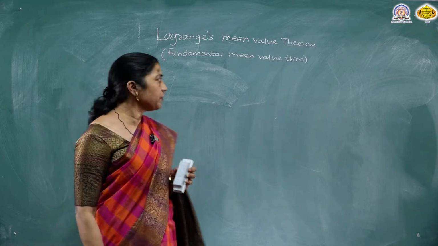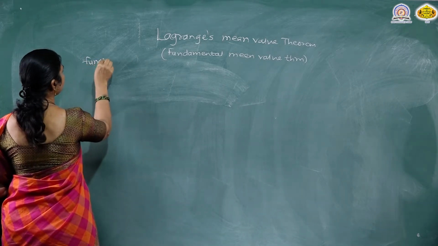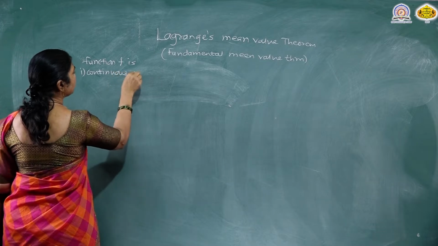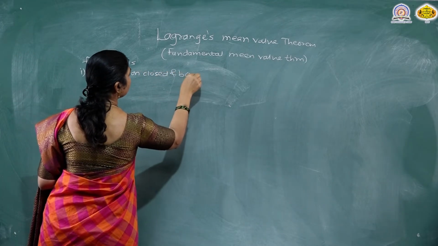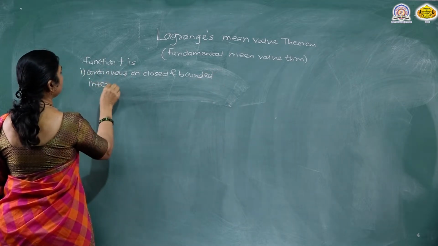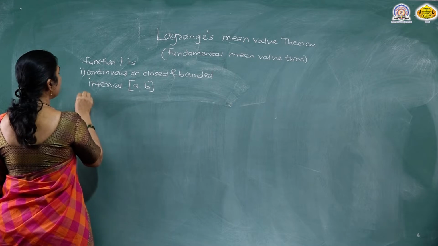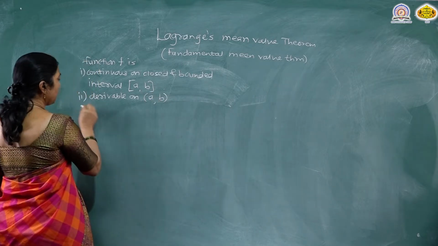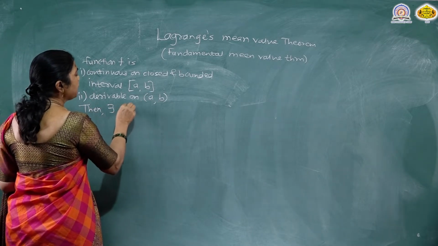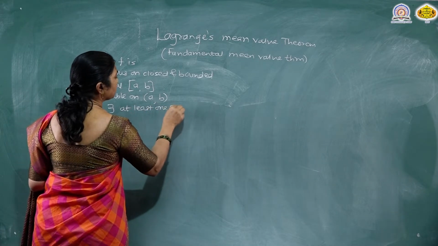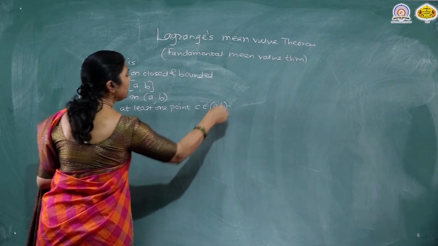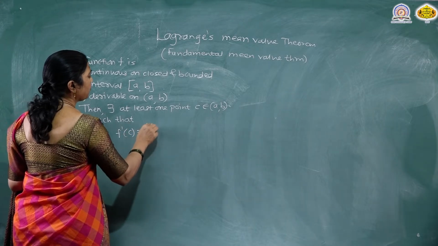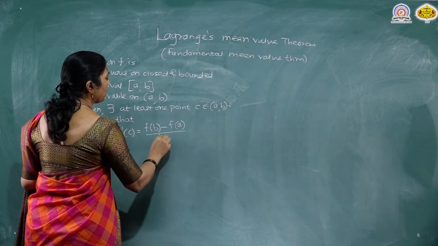The theorem states that if a function f is continuous on closed interval [a, b], it is derivable on open interval (a, b), then there exists at least one point c in open interval (a, b) such that f'(c) is equal to (f(b) minus f(a)) upon (b minus a).